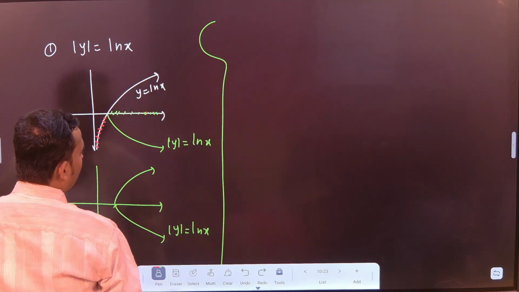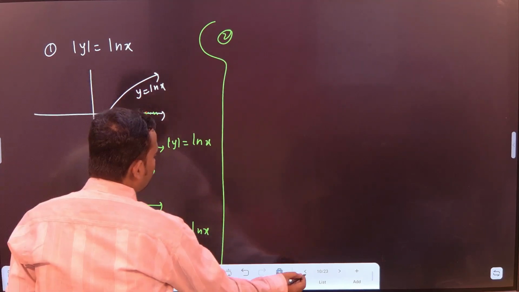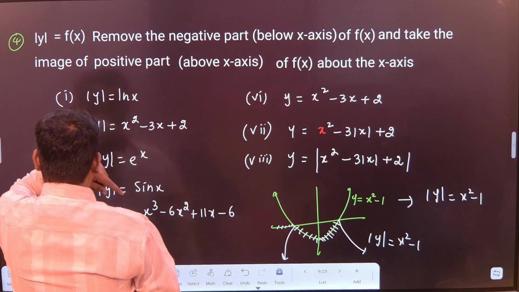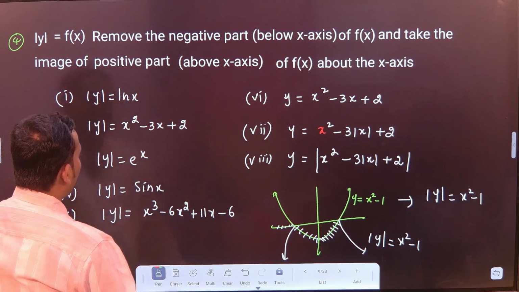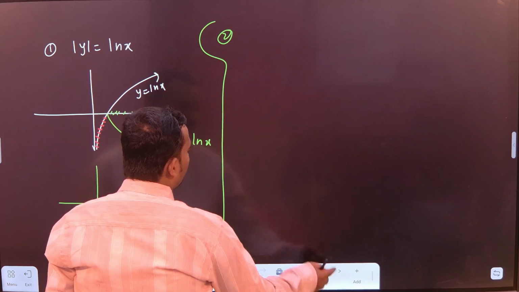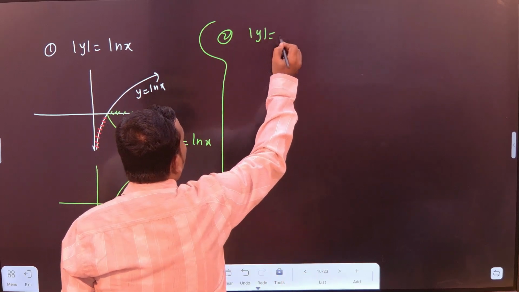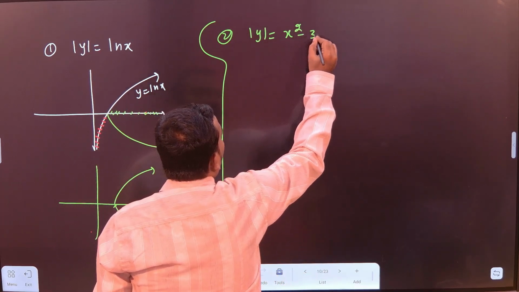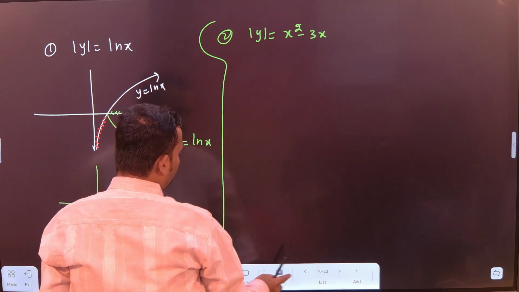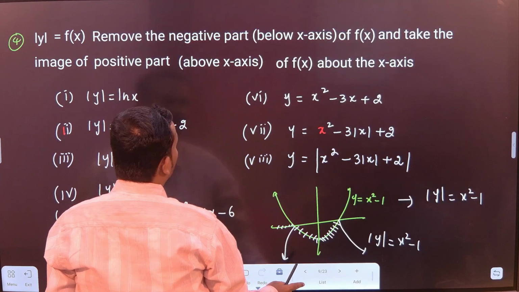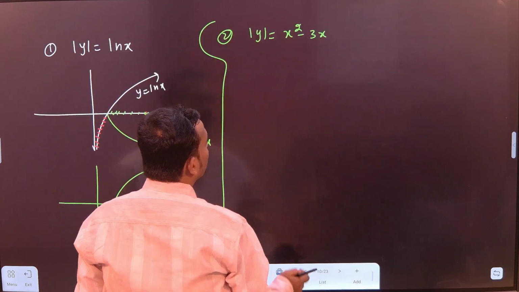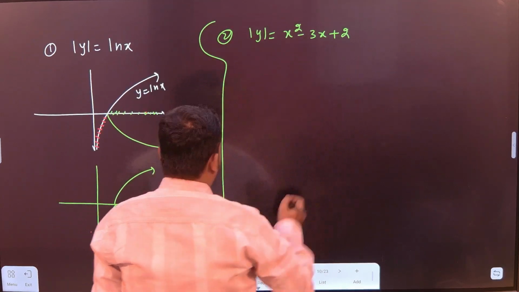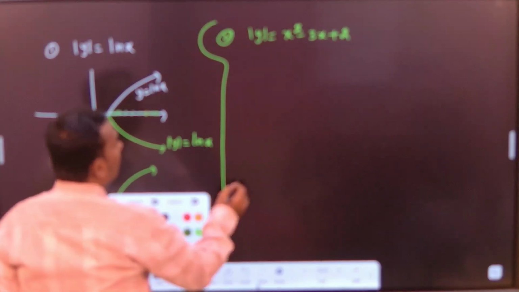Let's draw the second one. What is the second graph? Mod y is equal to x square minus 3x plus 2. Then how to draw the graph?